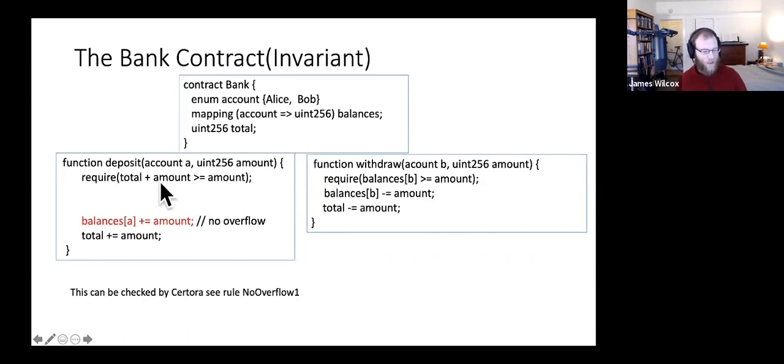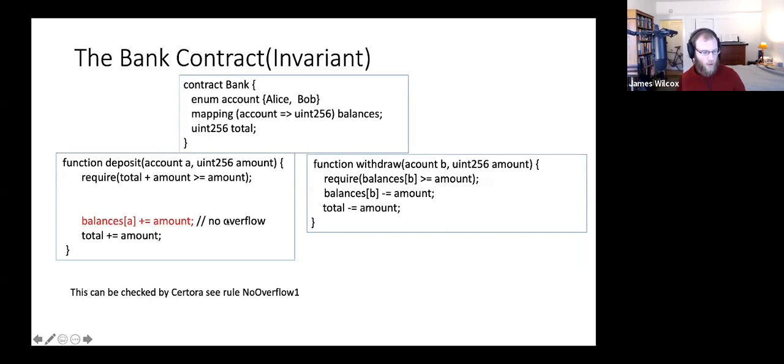So they just wrote their own overflow check, and their overflow check is happening on the EVM. So this is being computed in 256-bit bit vector arithmetic. So total plus amount, if that overflows, it's going to wrap around. And if it wraps around, then it will suddenly be less than amount, which was one of the arguments to plus. So this basically checks that the plus on the last line doesn't overflow.